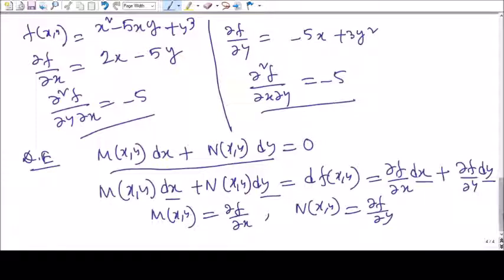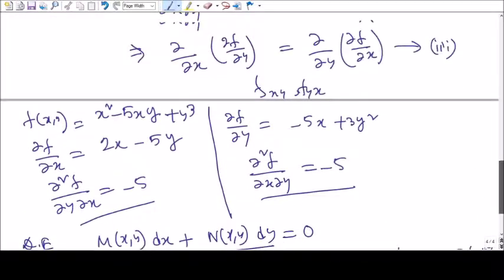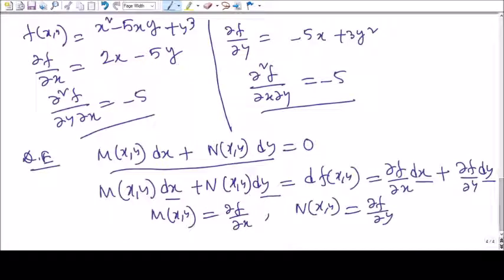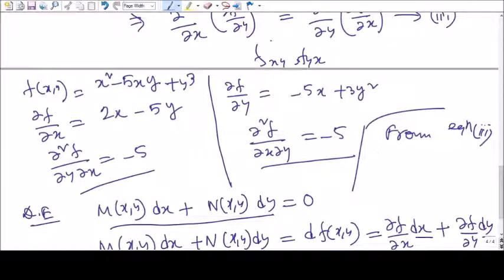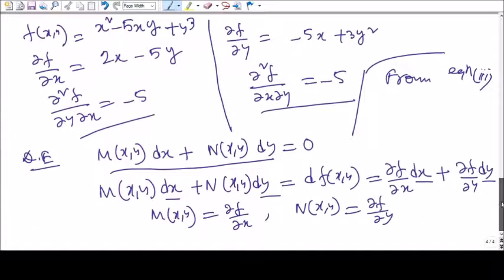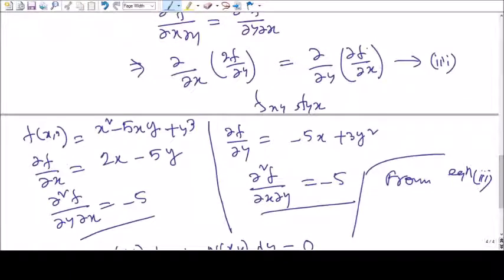So from equation 3, we can write ∂M/∂y equal to ∂N/∂x.